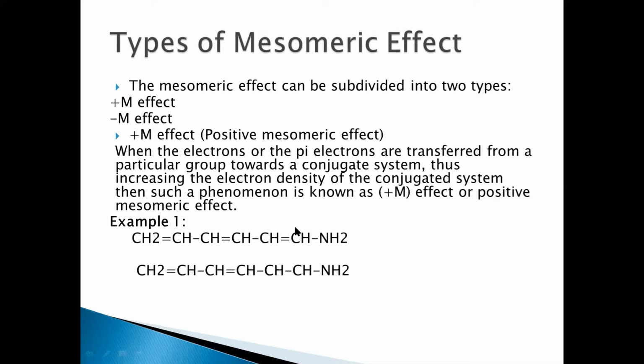Now electrons are transferred from NH2 to this. Now the effect is plus M effect, because NH2 is becoming positive as it is giving out electrons. When electrons are transferred from a group towards a conjugate system, this is called plus M effect.